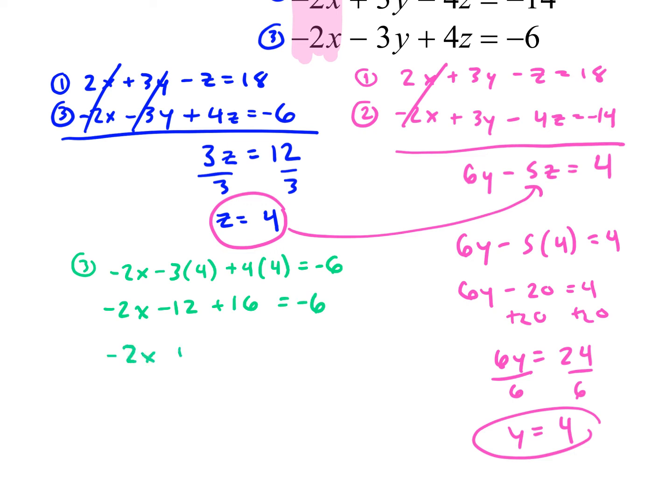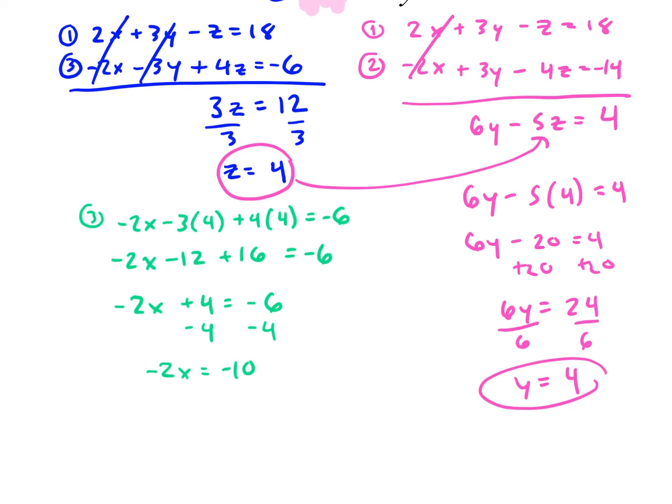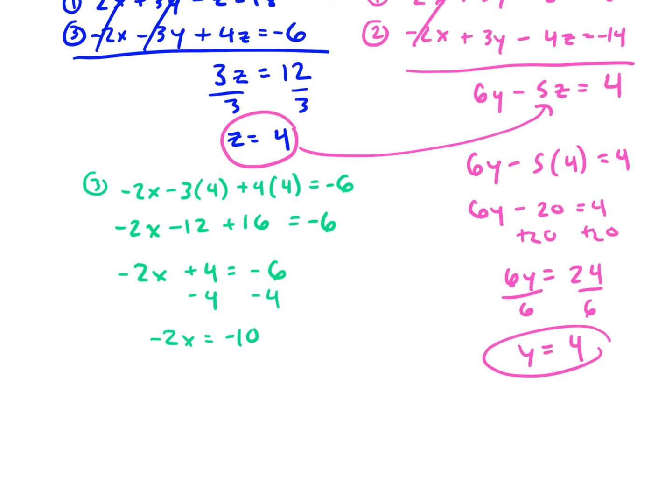Negative 2x plus 4 is equal to negative 6. Subtract 4. Negative 2x is equal to negative 10. What do I do next? Divide by negative 2 on both sides. So what does x equal? 5.